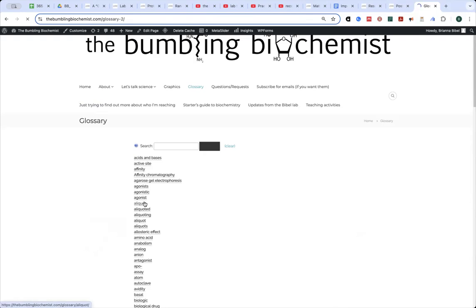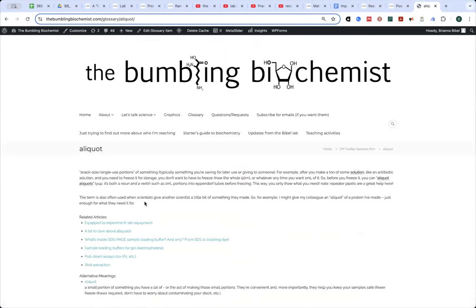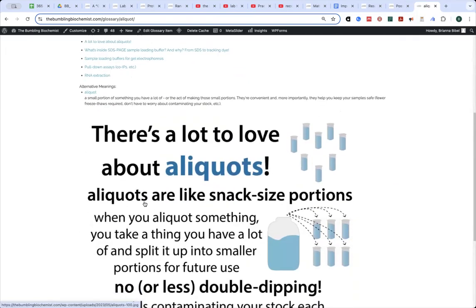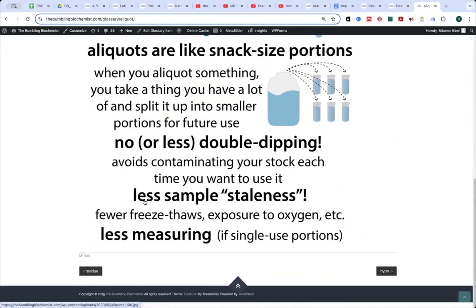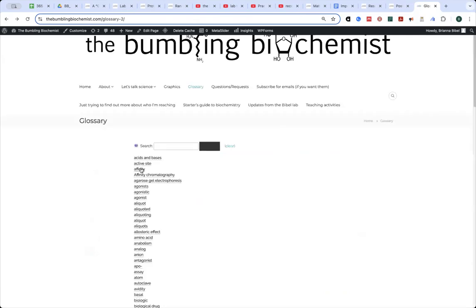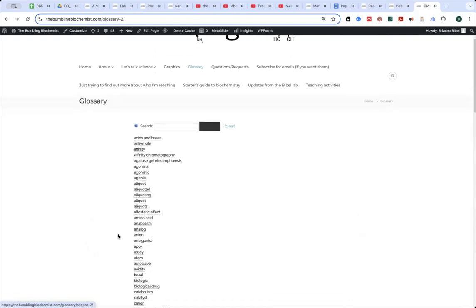I know that there's a lot of words we use in biochemistry, and we get used to saying them and don't really realize that it might not be a word that people understand. So in my glossary, I have various terms that maybe I came across when I was a student, and I'm like, what does that even mean? And so I have those here, like assay, like what the heck is an assay?